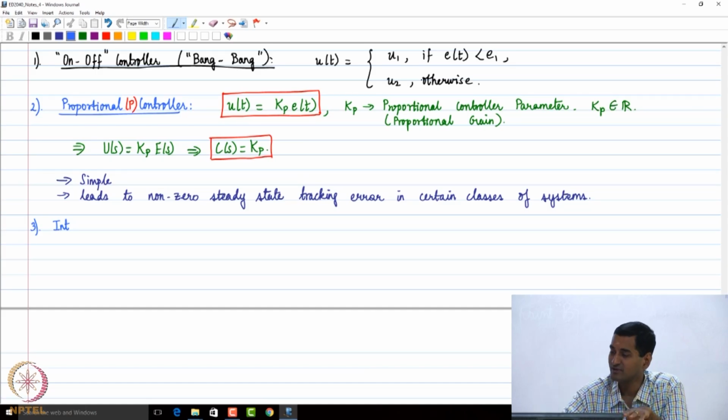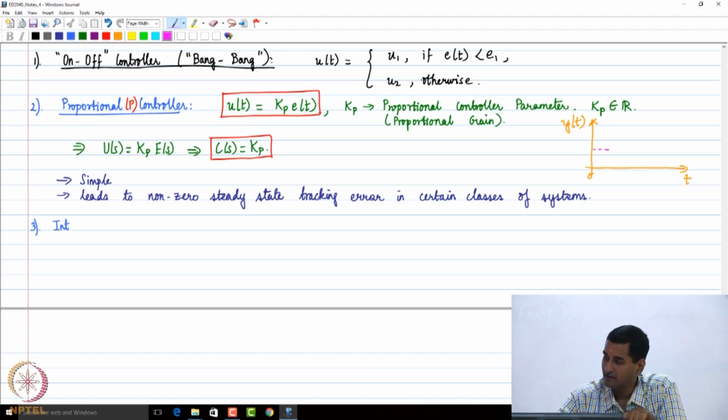Let me draw a diagram. Let's say I plot output versus input, and I want a temperature of 25 degrees Celsius. What the proportional controller may do is that, starting at 30 degrees Celsius, it may bring it down, but then it will settle down like this.